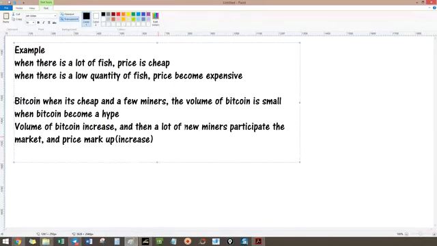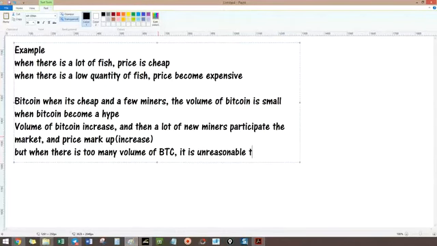Okay, but when there is too many volume of BTC, it is unreasonable for something of large volume to be that expensive.